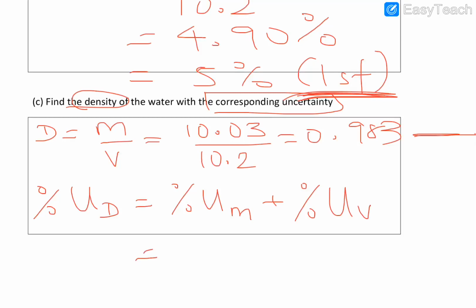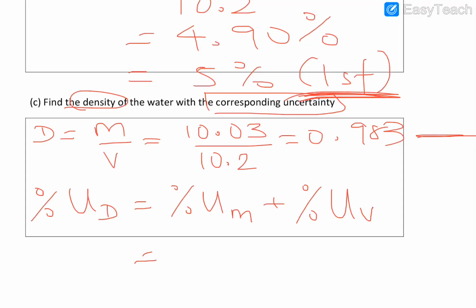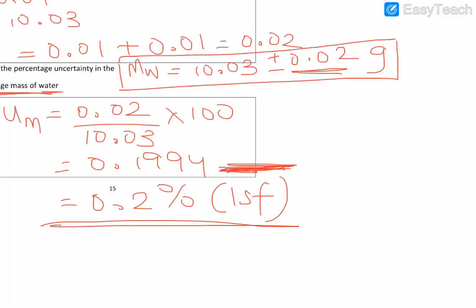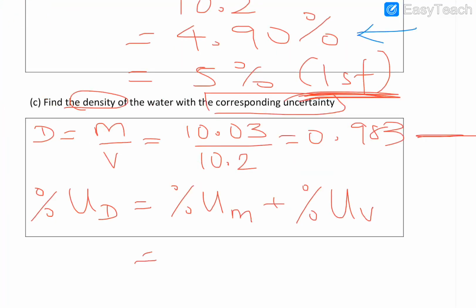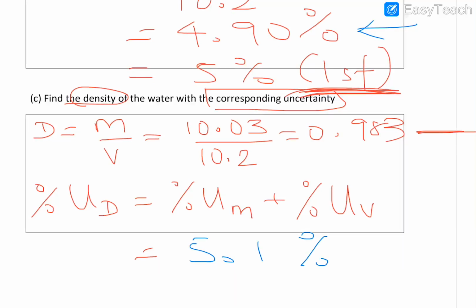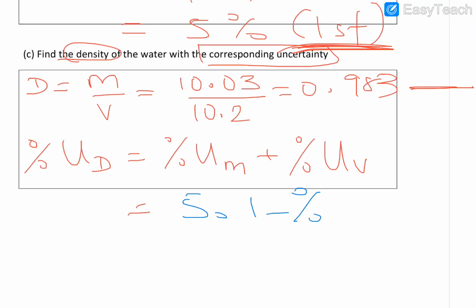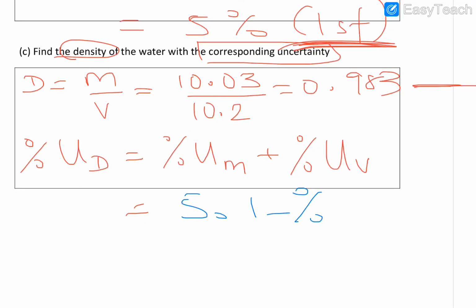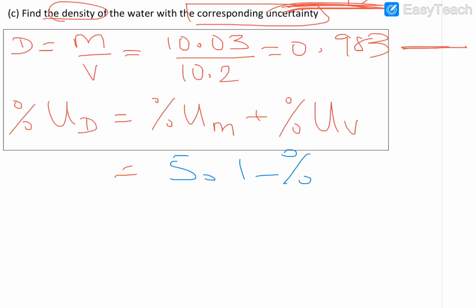Okay, so for this one, I'm going to use the actual values that I got, not the rounded up values. So I'm going to use the actual values, these ones. Okay, and when you do the sum, you should get 5.1%. Okay, you can get more decimal, that's fine as well. I'm just keeping it to 1 dp because that's not my final answer, so the dp or the SF here doesn't matter.